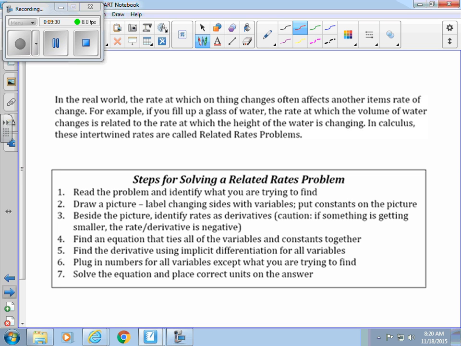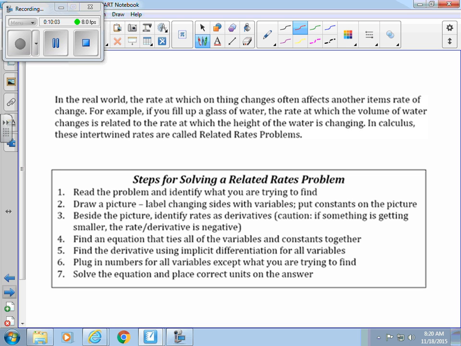Find an equation that ties all the variables and constants together. Find the derivative using implicit differentiation for all variables. So even if it's an x, you're going to use implicit differentiation because our derivative will be in terms of time. Now, on the last slide, I used the dx/dt notation just to overemphasize that it's dx over dt. If you like prime notation, you can still use prime notation. You can still call it x prime, y prime, as you did before.